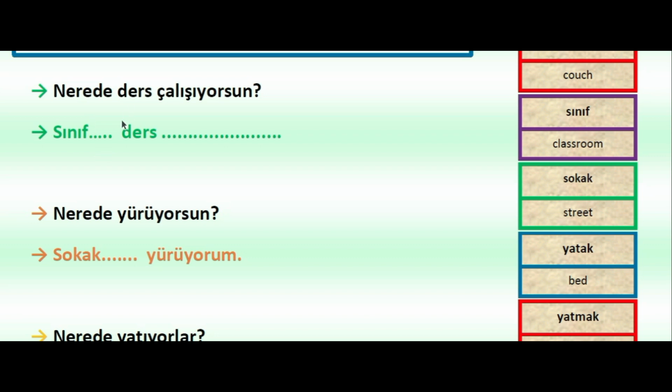The last letter is f, right? And f is one of the strong consonants. And in sınıf, the previous vowel is ı. In that case, I can add ta: sınıfta. "Sınıfta ders çalışıyor." And because I'm saying I am studying with ben, that will be çalışıyorum. "Sınıfta ders çalışıyorum." I am studying lesson in the classroom.